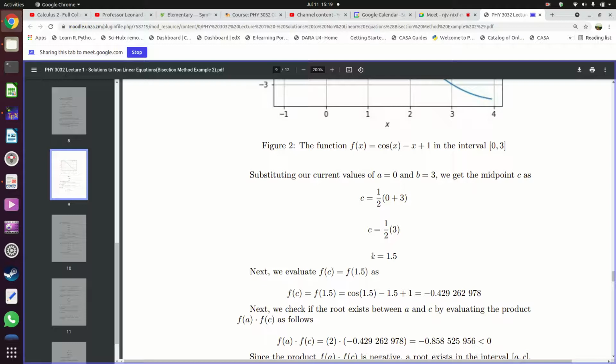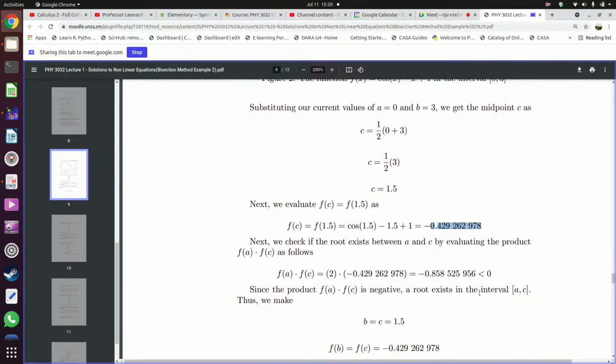After finding C, now we have to evaluate the value of the function at C. So in this case, we have to find f of C, which is equal to f of 1.5. So f of 1.5 is going to be equal to cos 1.5 minus 1.5 plus 1, which gives us a negative value.